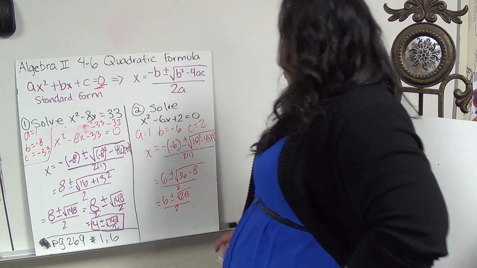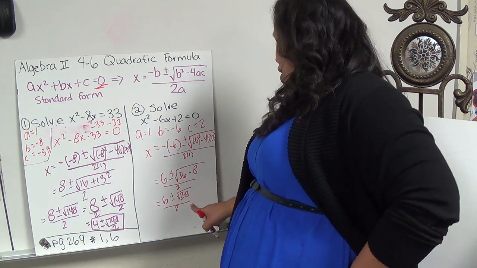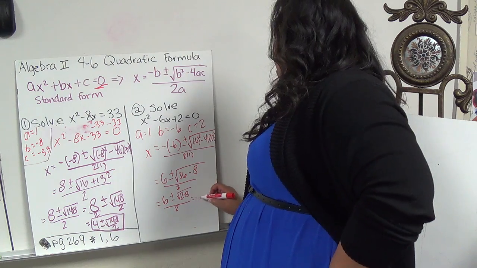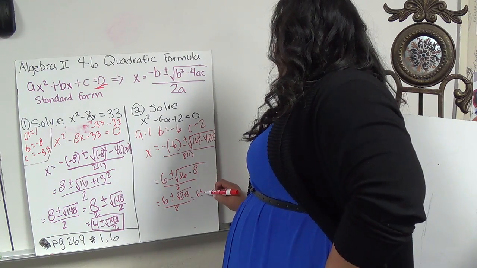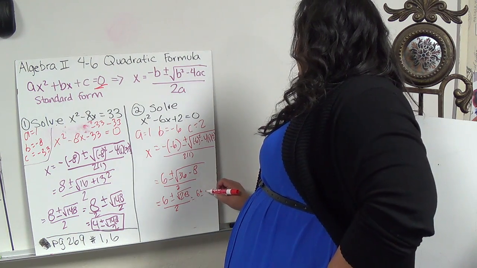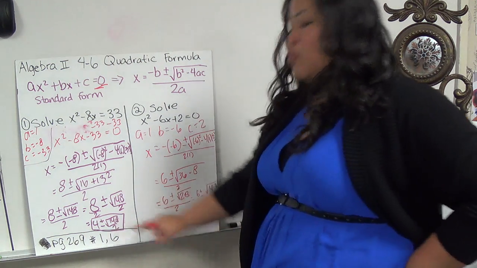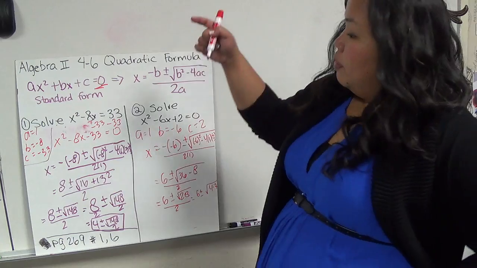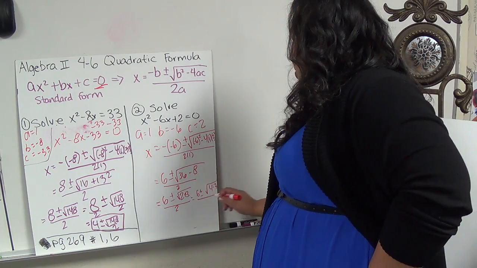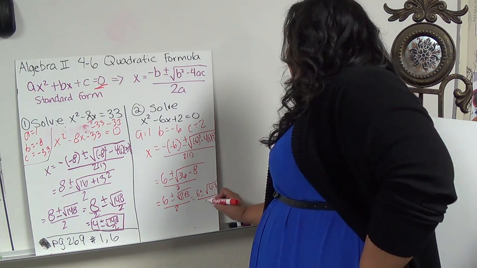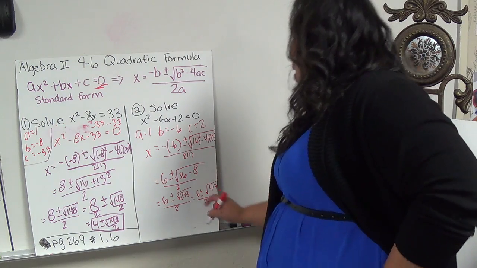Now the square root of 28 can also be reduced, because the square root of 28 is the same thing as the square root of 4 times 7, which is what you could have done with 148. You could have factored it out like we did in the last two sections. Divided by 2, this 4 comes out.